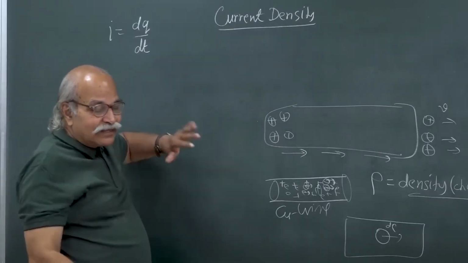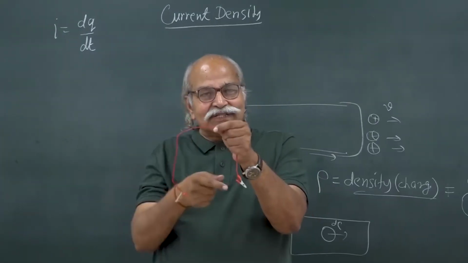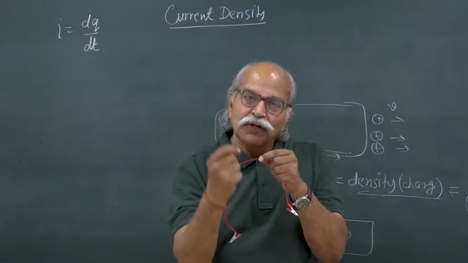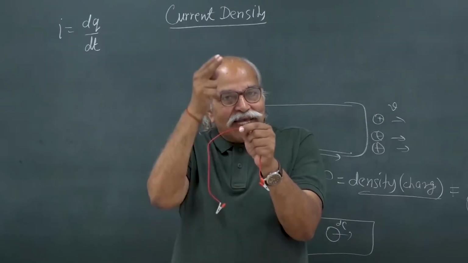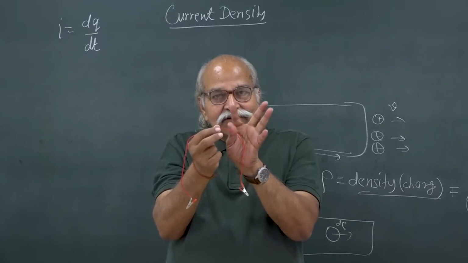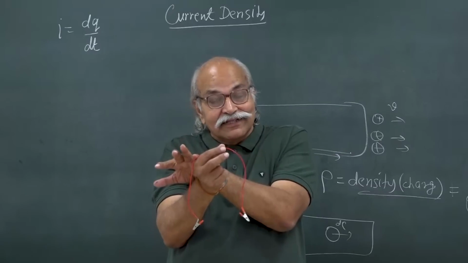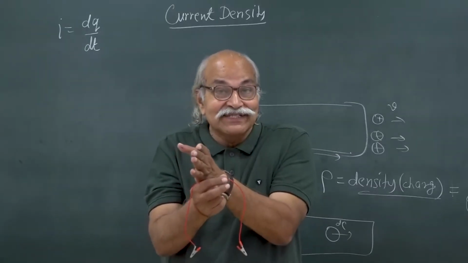So if you have a wire, then in this wire you take any cross section, and it need not be the full cross section, you can take a small part of the cross section also. Construct or imagine that cross section and then ask how much charge has crossed this area that you have imagined.